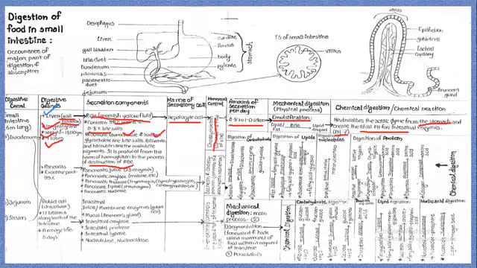So now we go to the next part, the pancreas. We know that the pancreas and liver are joined into the duodenum. The pancreas is 99% exocrine portion. Exo means that it produces enzymes, and endo means that it produces hormones.